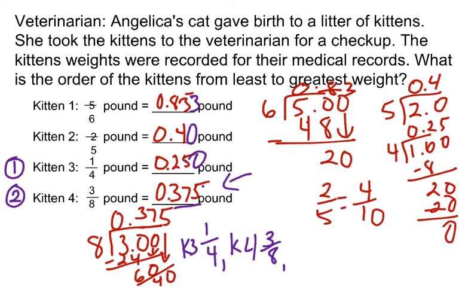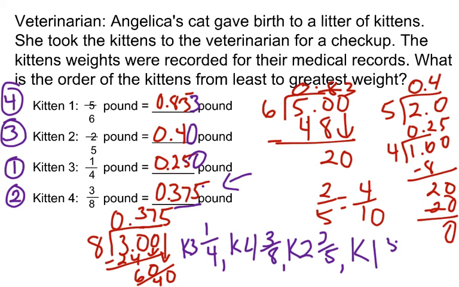Then we have kitten 2, which is 2/5. And finally, the largest cat is kitten 1, which is 5/6. So those are my weights from least to greatest.